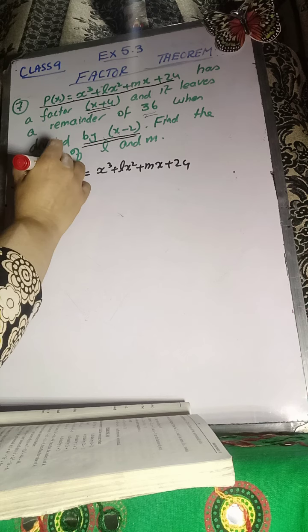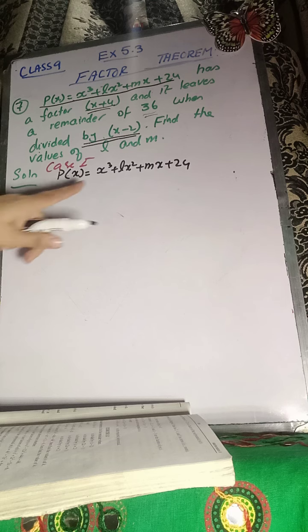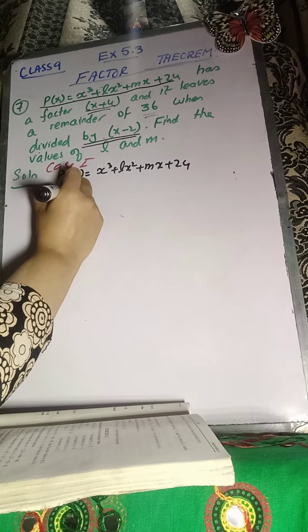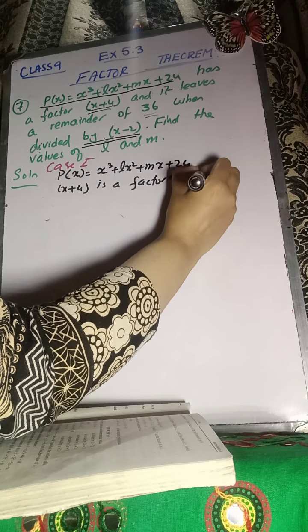This is the first case. We are given the polynomial p of x, which is equal to this polynomial, and it is given that x plus 4 is a factor of this polynomial. Okay, x plus 4 is a factor of p of x.